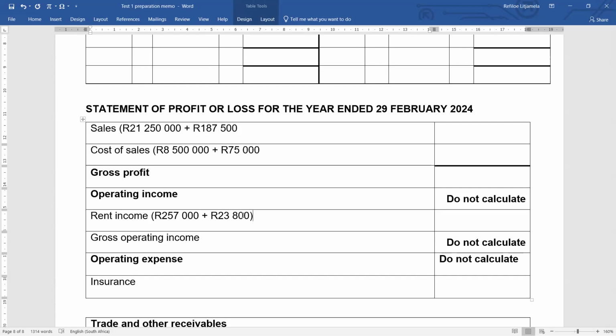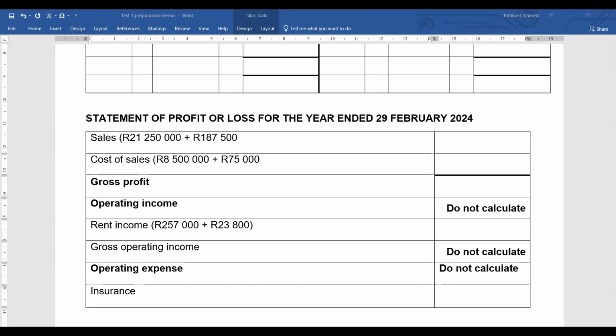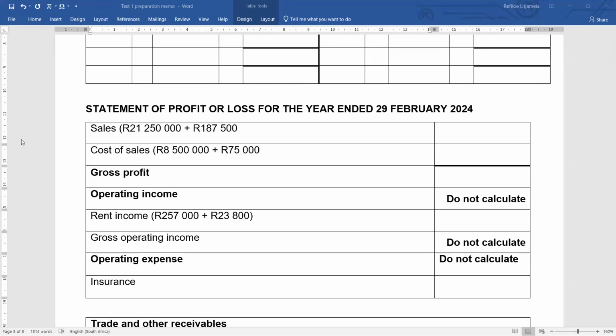And to calculate the total here, I'll say 257,000 plus 23,800. It'll give me 280,800.